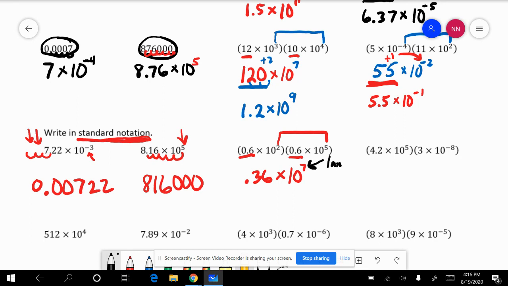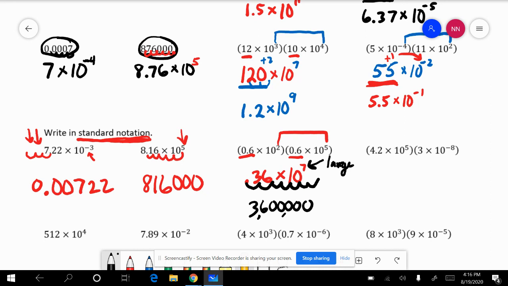So I need to make a large number. So that means I'm moving this decimal over 7. 1, 2, and then I'm going to have 5 zeros. 1, 2, 3, 4, 5. So I have 3, 6, 1, 2, 3, 4, 5. So that would be 3.6 million.